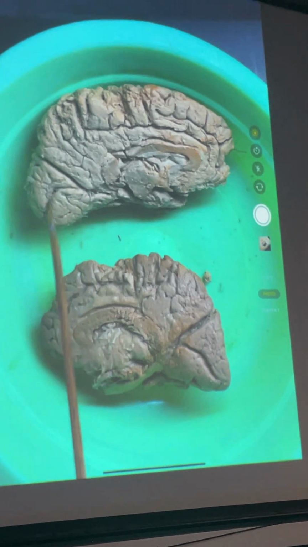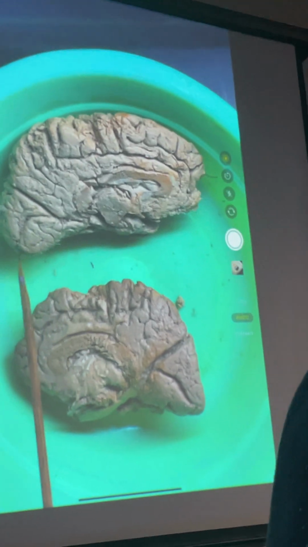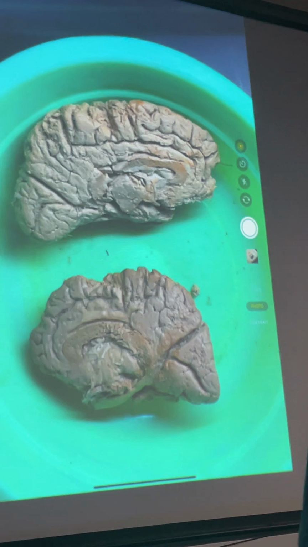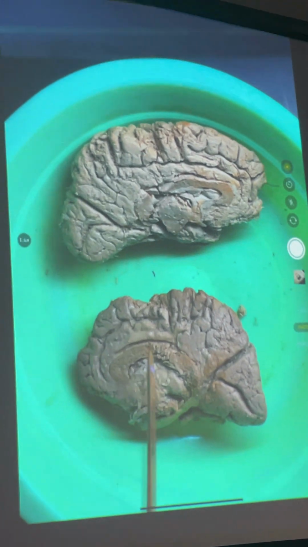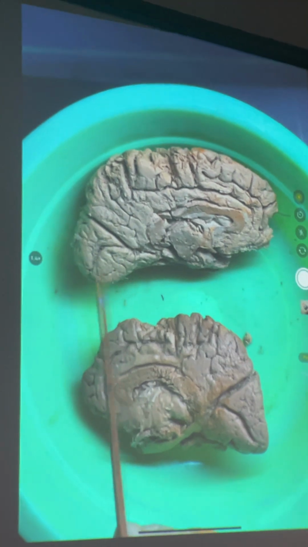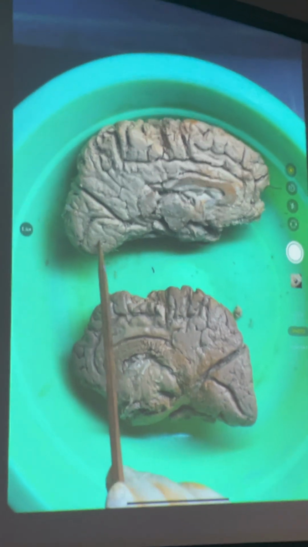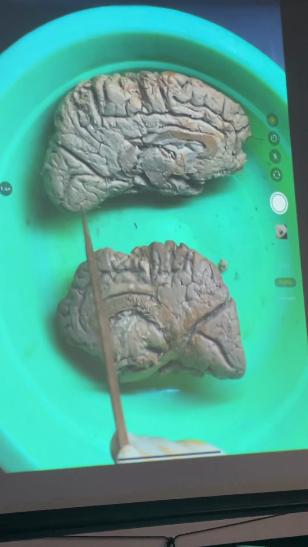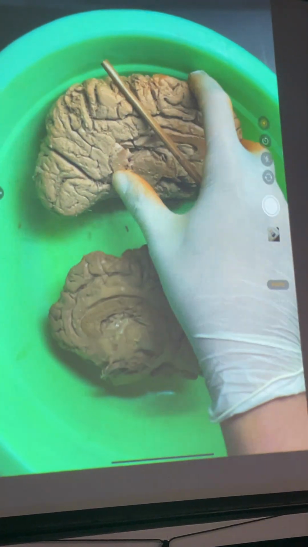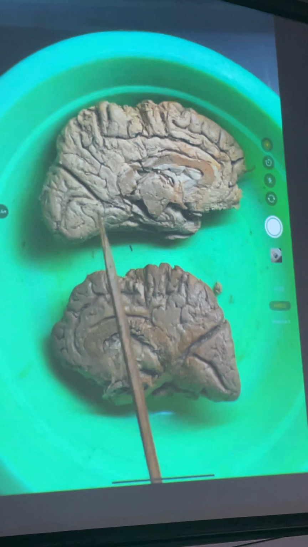The calcarine fissure is the mouth, and you have the lingual gyrus as the part of the jaw. That's why it's called lingual gyrus, because it contains the tongue. It's just me. It's not part of your books.